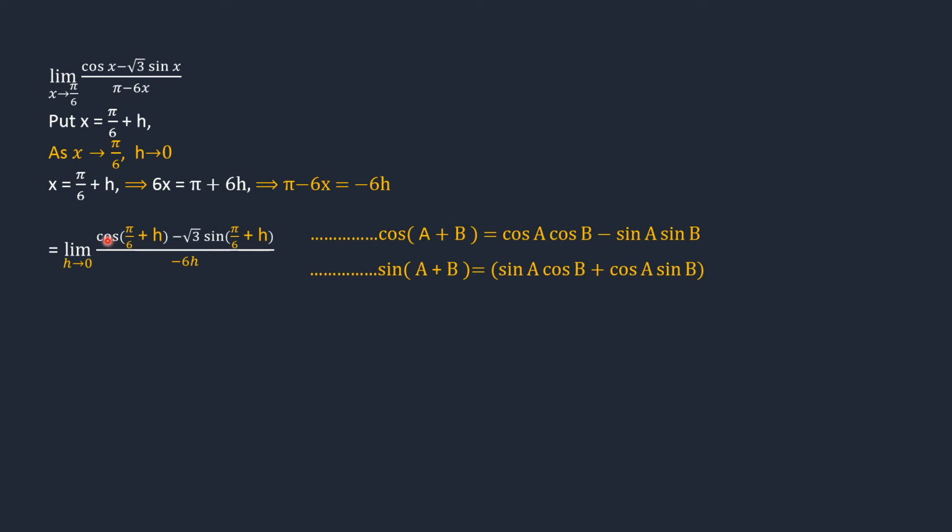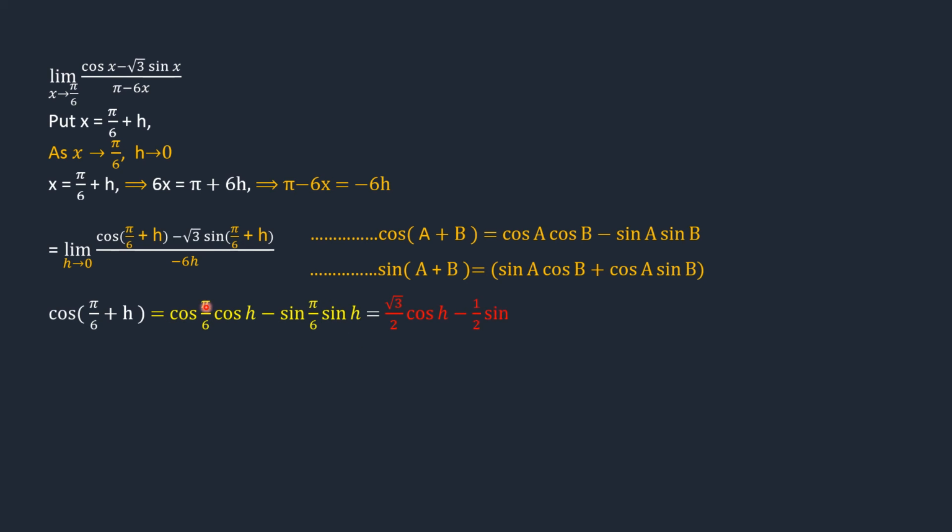Now we will find the values of cos (pi by 6 plus h) and sin (pi by 6 plus h) separately. So first the value of cos (pi by 6 plus h) will be cos pi by 6 cos h minus sin pi by 6 sin h.